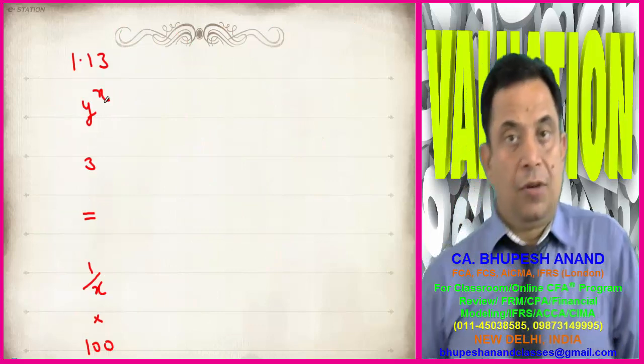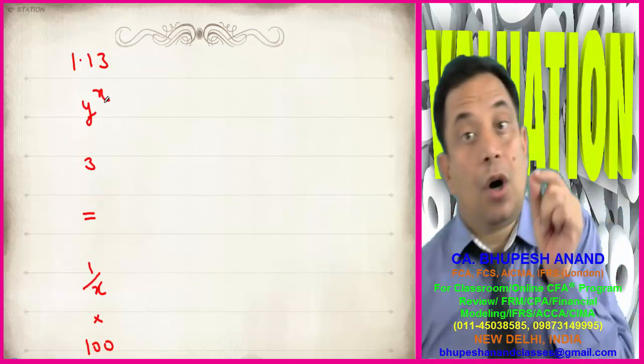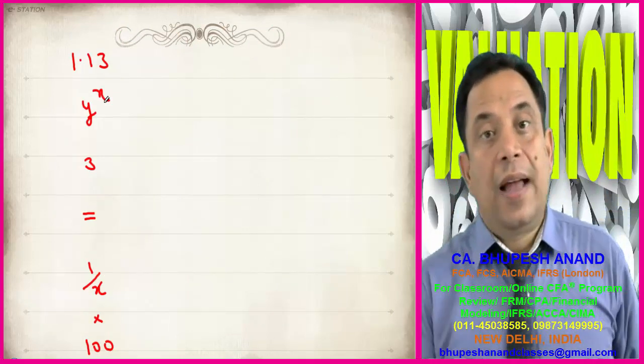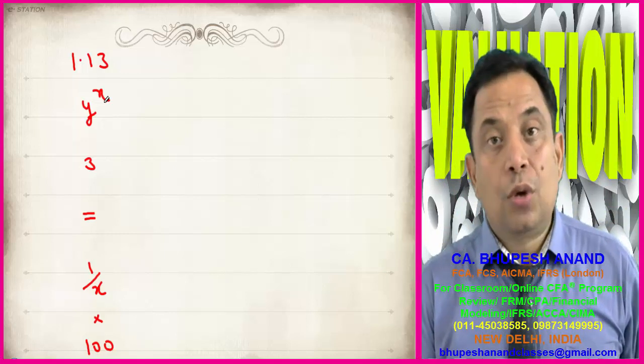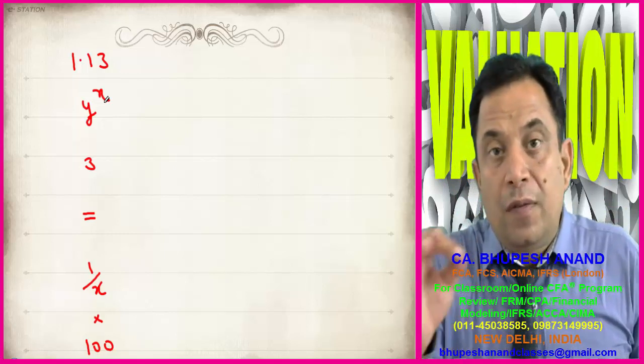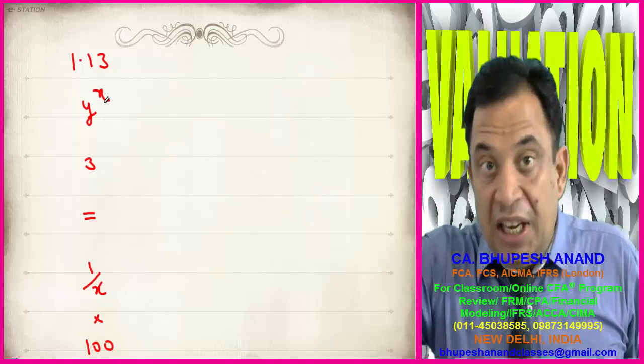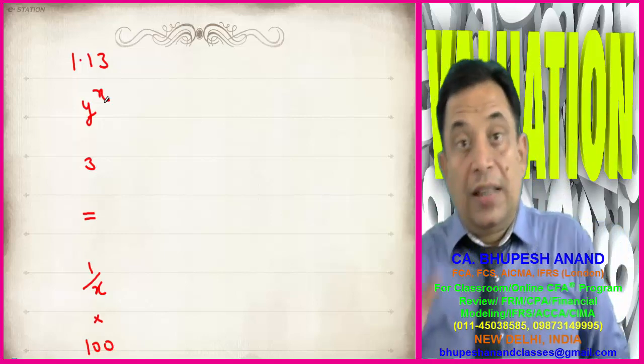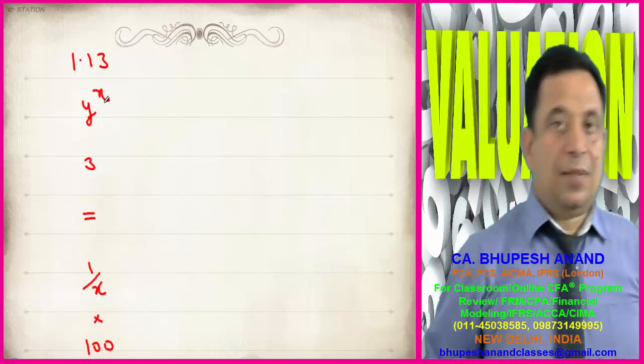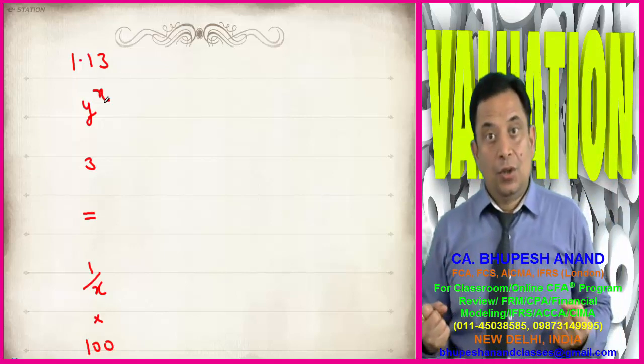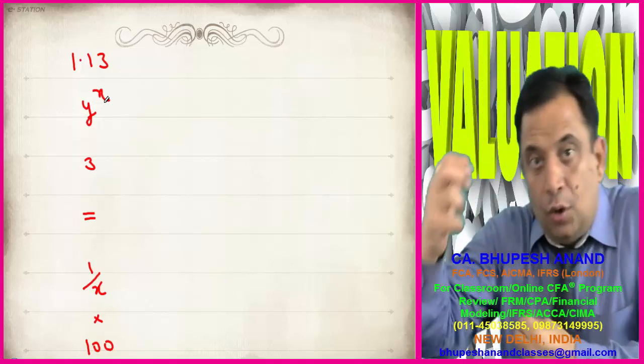Third year, I have done it for the third year. Because I have to do it 3 times and I don't have a function of 3, I am first calculating 1.13 through y raised to power x, 3, then I will take the inverse, because I cannot directly do it with x cube.